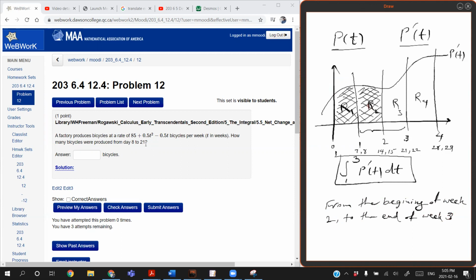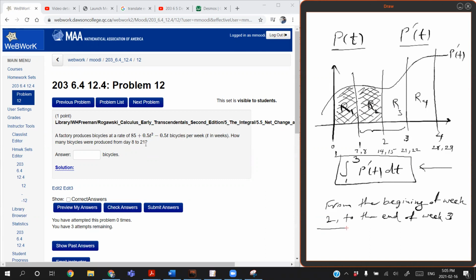So this is week 2 and this is week 3. Yes, this is week 1. Region 1 represents week 1. Region 2 represents week 2. Region 3 represents week 3. So from the beginning of week 2 to the end of week 3 would be the same thing. It's the same as saying from the beginning of day 8 to the end of day 21, right?